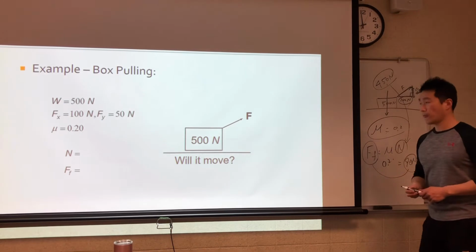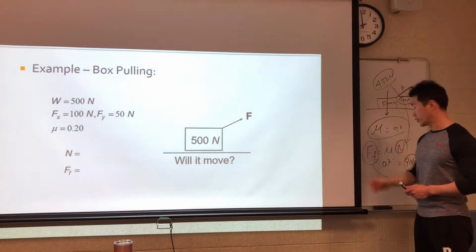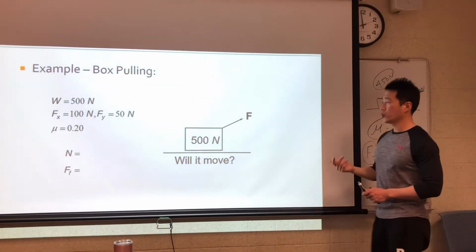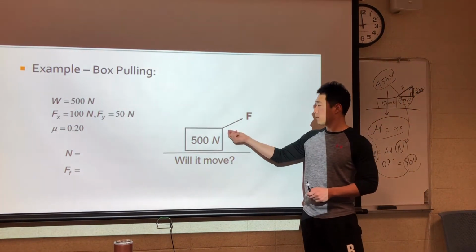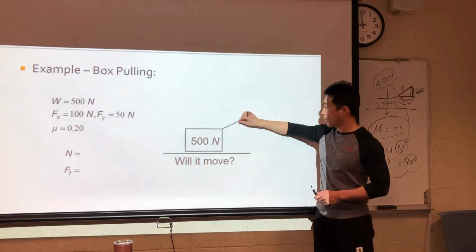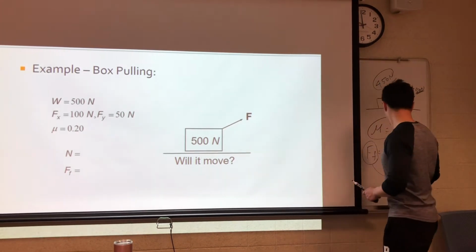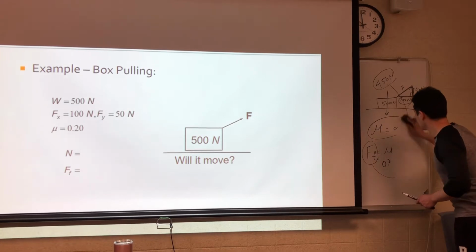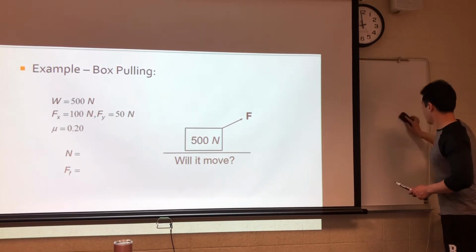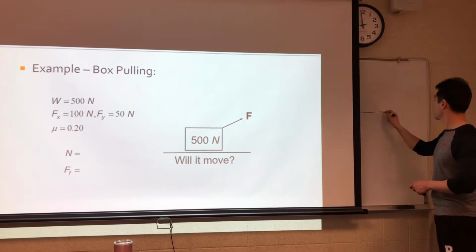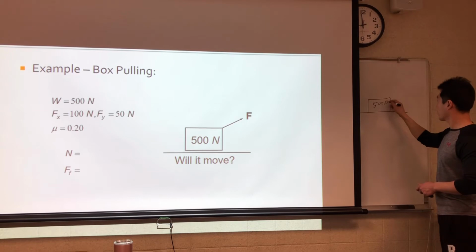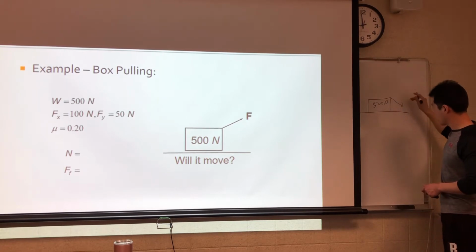But I want to slightly change this condition. What if I change the direction of my force? For example, not diagonal upward but downward, like this. Same thing, but now diagonally downward.